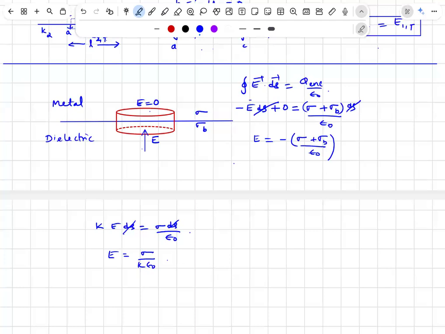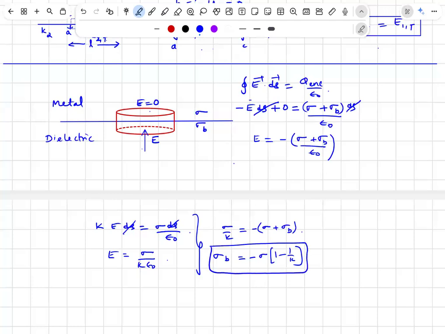Both are E only. It is the same E, in fact. So therefore, what we already know is sigma by K is minus of sigma plus sigma bound. So sigma bound is minus sigma times (1 minus 1 by K). And we already know this. That's the boundary condition. With this, I'll close the thing. So we will start applying properties.